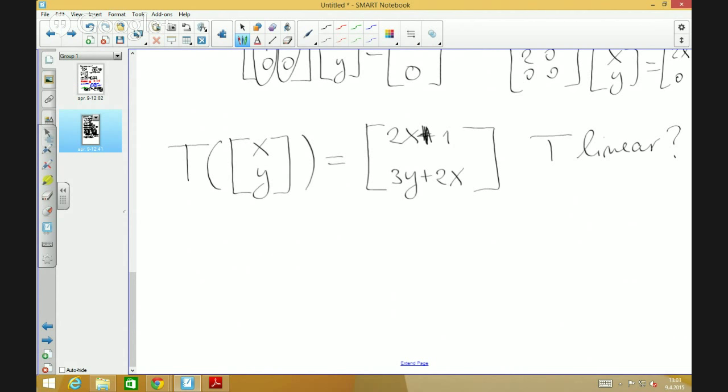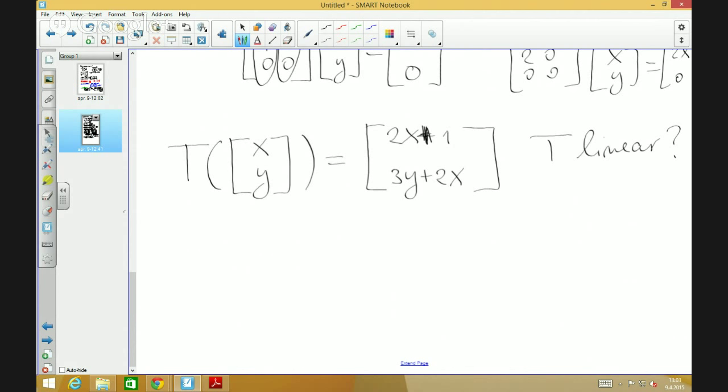Your colleague here in the front row, by the way, I should know your name, but I don't. Baldur, yeah. Your colleague Baldur is saying, absolutely not. In fact, he was the proponent before of a quick check. And the quick check is, well, first thing you do is plug the 0 vector in. If you don't get the 0 vector out, not linear.